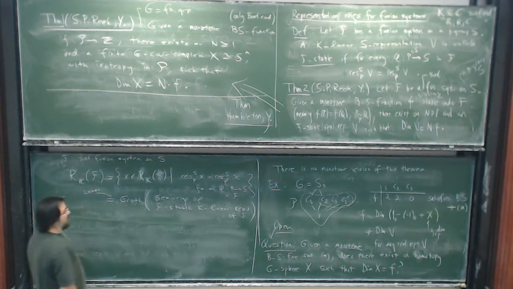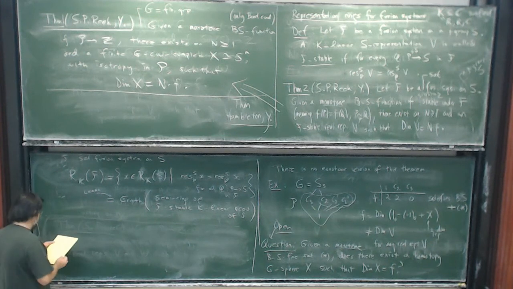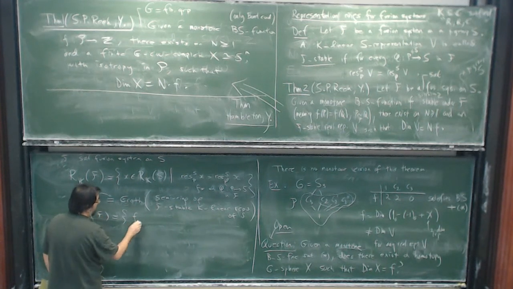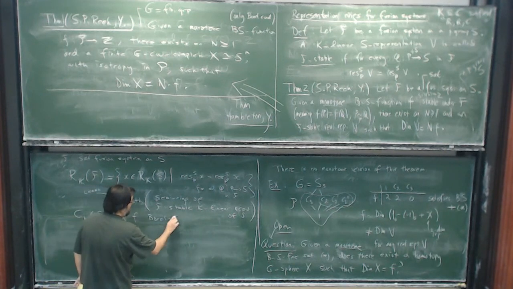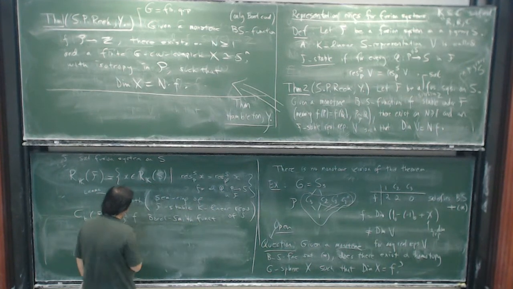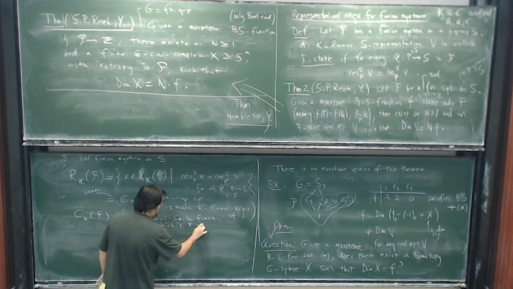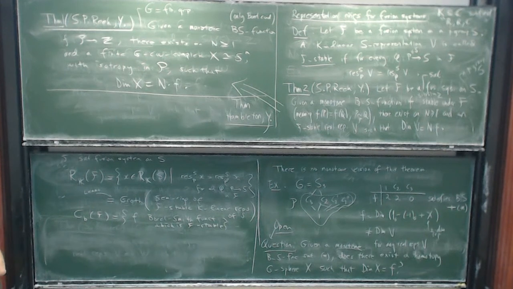There's a small thing to prove here, but it's true. You can also define F-stable Borel-Smith functions. You can define this as all the Borel-Smith functions which are F-stable. And this is an abelian group.